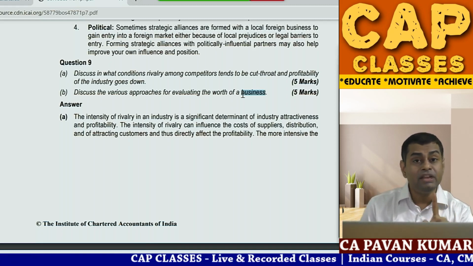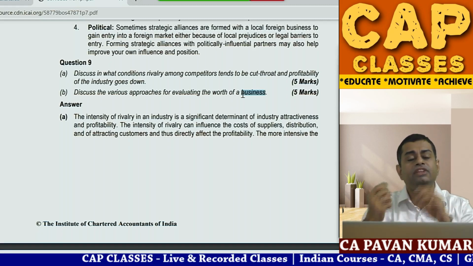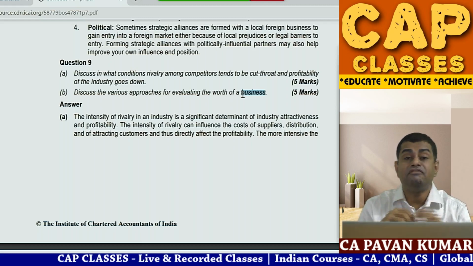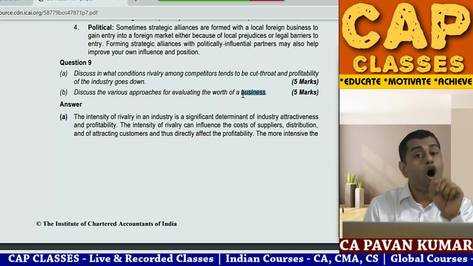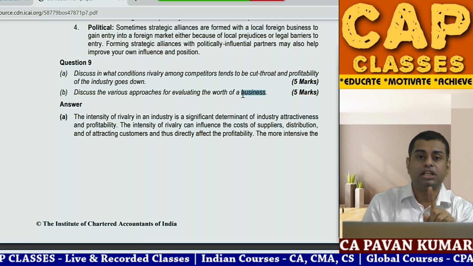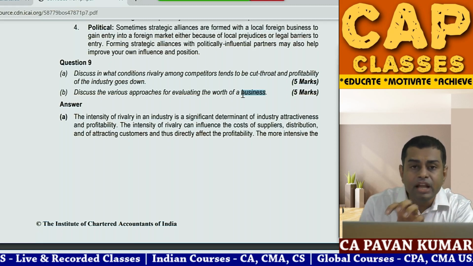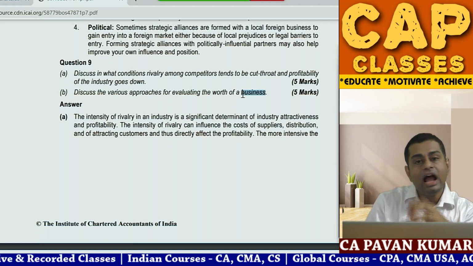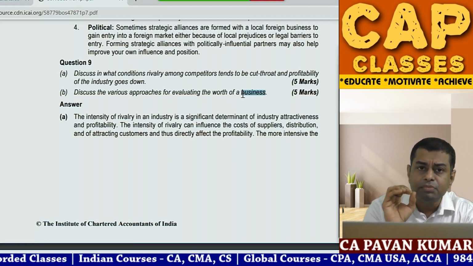It can be evaluated based on market price of the share, multiplying number of shares with market price. Valuation can be based on profit capitalization or net asset valuation, plus calculate super profits, multiply with number of years, goodwill, add goodwill to net assets. That is the value of business. So is there any strategic management in what I have discussed?